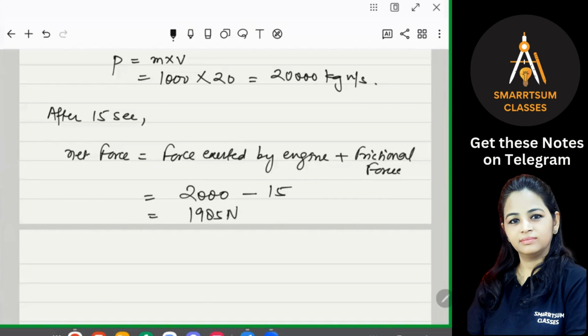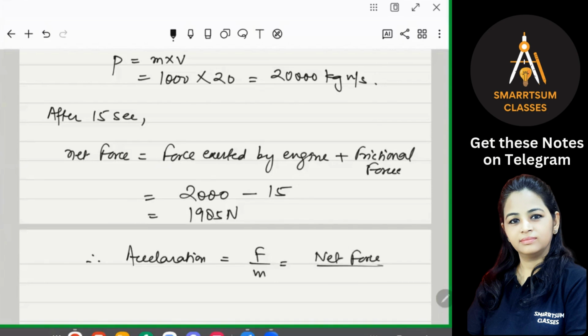Okay, right? So why are we subtracting the frictional force? Because it opposes the motion, and therefore we put a negative sign because it is applied in the direction opposite to the motion. Now, can we find acceleration from this force? Yes or no? Acceleration will be net force upon mass from the second law of motion, right?